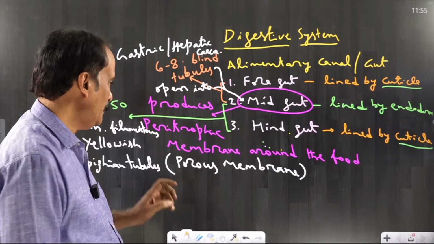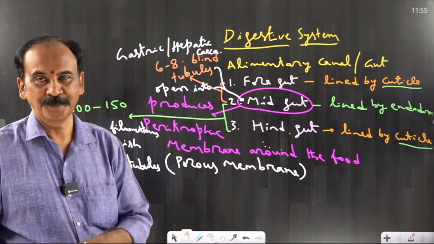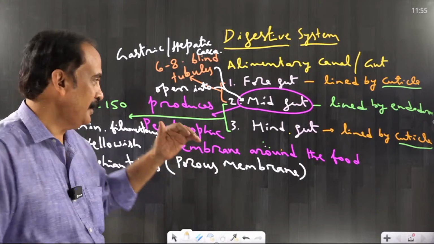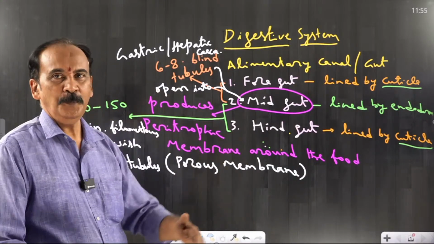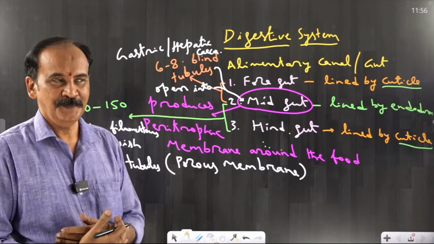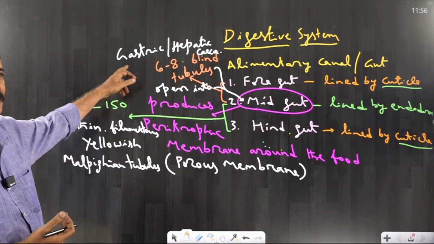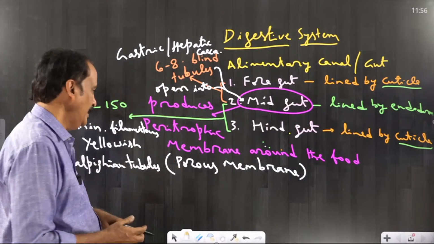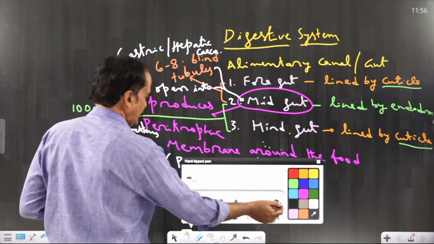Now, the question again is, where do they open? They are present at the junction of midgut and hindgut, no doubt. Do they open into midgut or do they open into hindgut? Just like hepatic caeca open into midgut, here you will find Malpighian tubules open into hindgut.